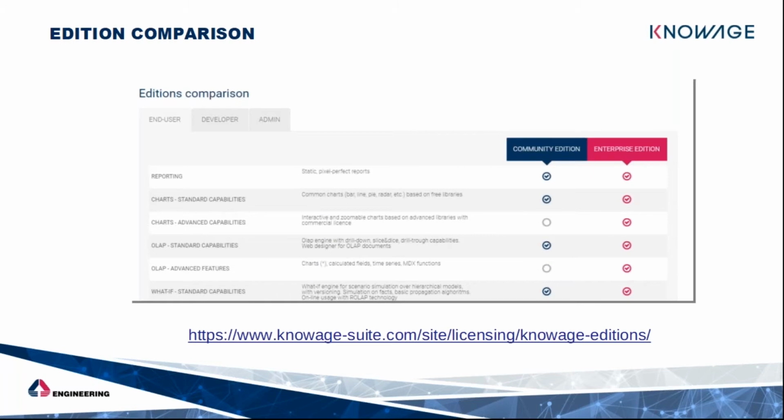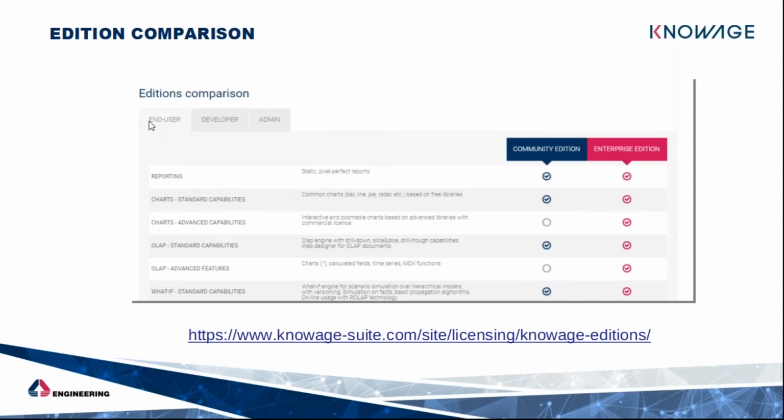On our website, you can find the edition comparison, and you see that you have three perspectives. So you have a comparison between the end user, the developer and the admin perspective.